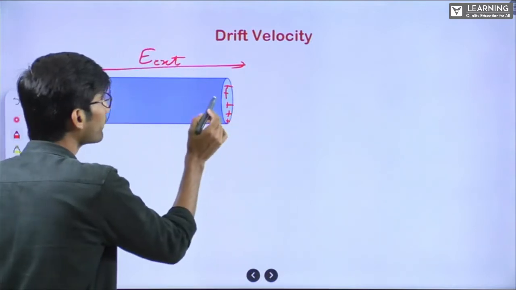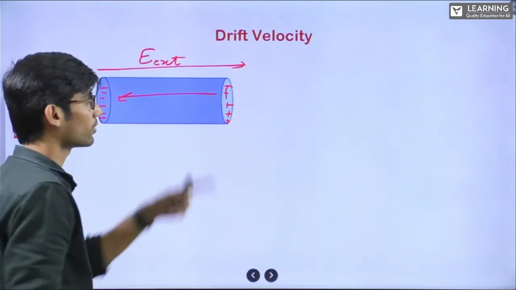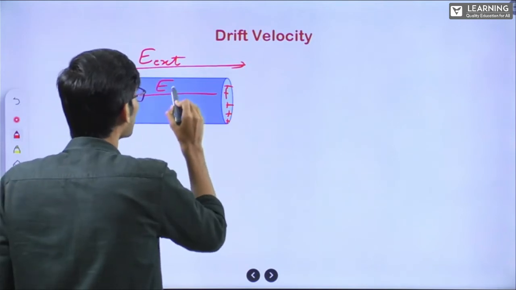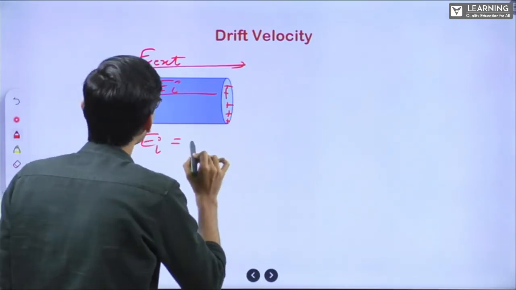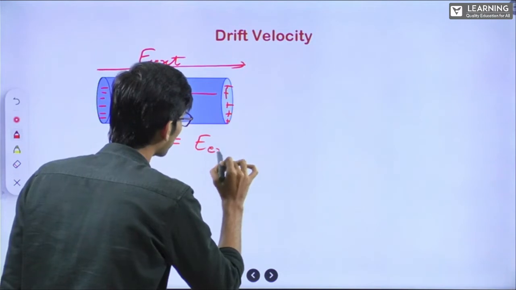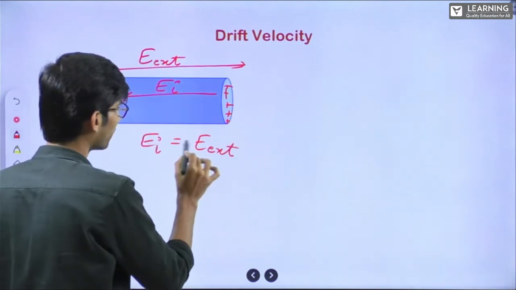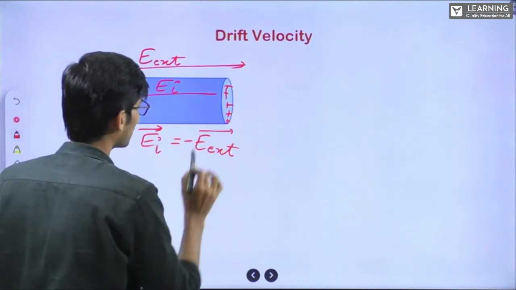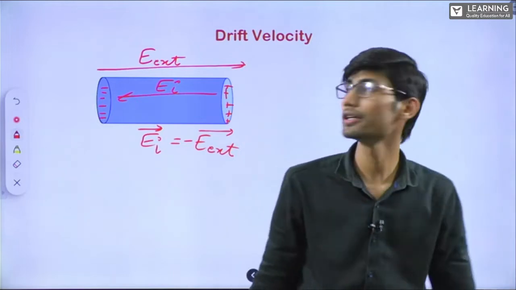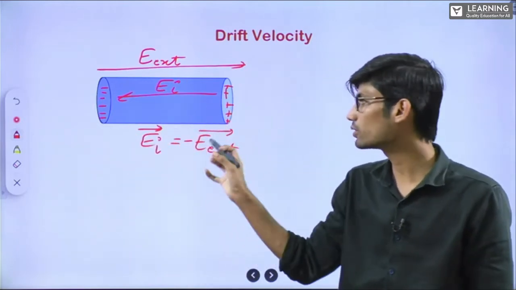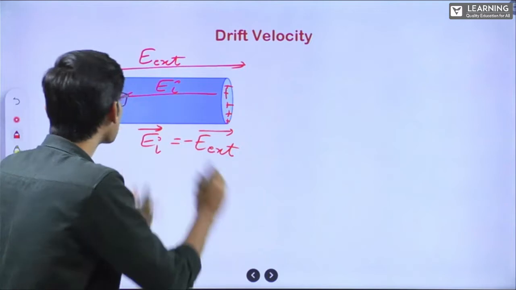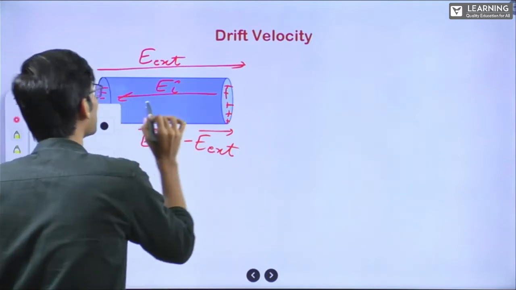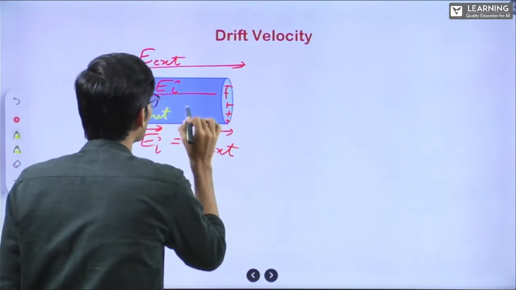So now there will be an induced electric field from positive to negative. This E induced is equal to E external in magnitude. In vectors, E induced inside this is equal to minus E external. That is the reason E net inside this is equal to 0.